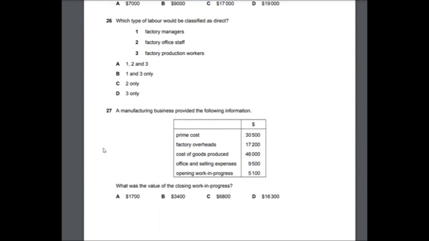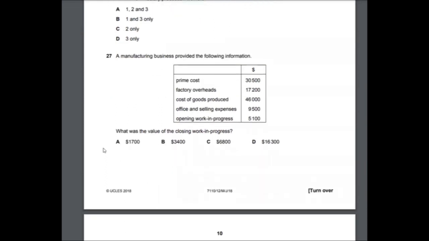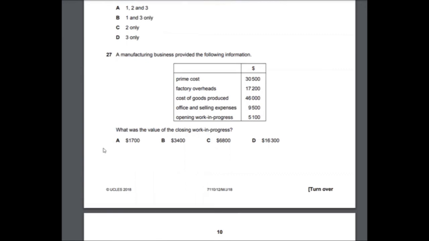If you don't know the formula, refer to your notes, because I also want to highlight your weak areas. If I solve all these questions, then you may not be able to identify your weak areas as well, right? So if this is one of your weak areas, then you should revise manufacturing accounts. So the correct answer to multiple choice 27 would be option C.